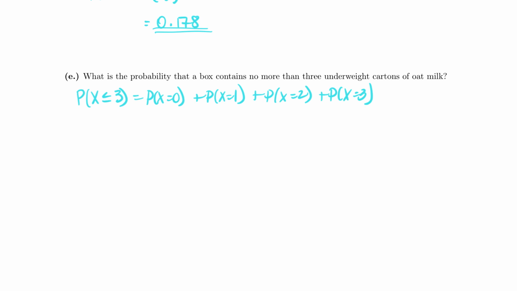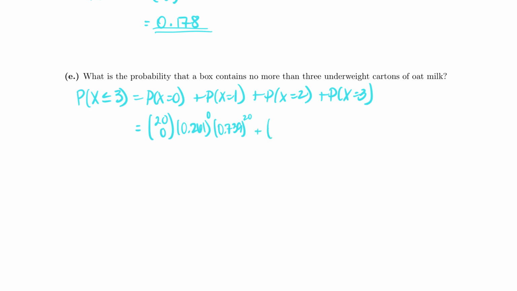So everywhere we have an or, we have an addition. We add them up. So now we can use our formula to say that out of our 20 cartons, we choose 0. And then we have the probability of a success, 0.261 to the 0, times the probability of failure, which is 0.739 raised to all 20. We're saying that all 20 of them fail to be underweight.